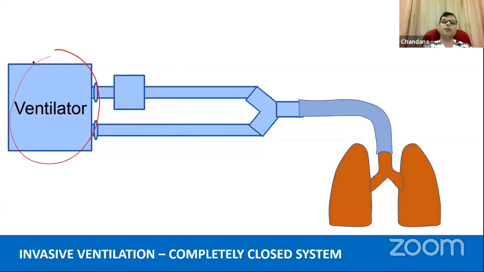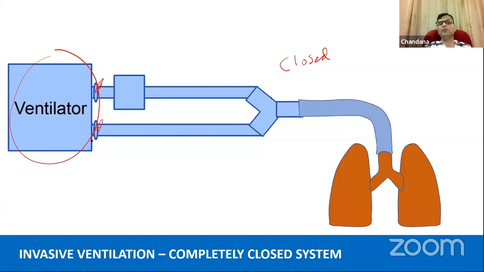But when you connect a person to a ventilator, it's a closed system. It's not an open system. There is no free flow of gases through the ventilator, so the patient must tell the ventilator, or the ventilator must give a certain flow. It has to open these valves and provide the flow.